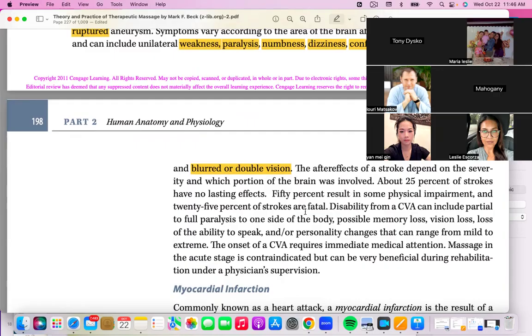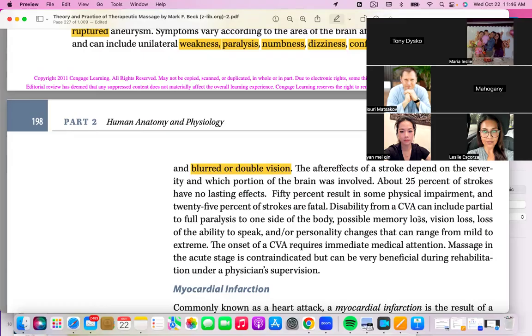Okay. Disability of this condition can include partial or full paralysis of the body, a bit of memory loss, loss of ability to speak. So they have to do speech therapy, physical therapy, all that stuff. And personality can change from mild to extreme, and that definitely needs medical care.